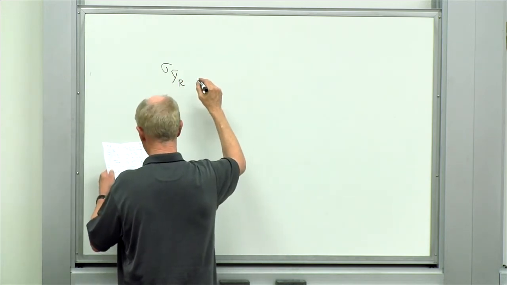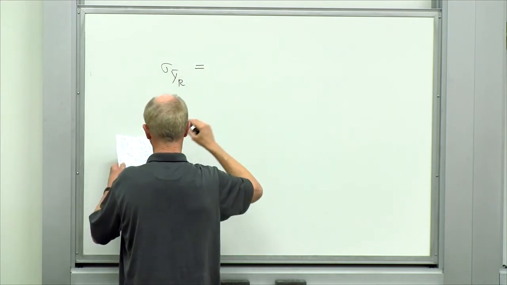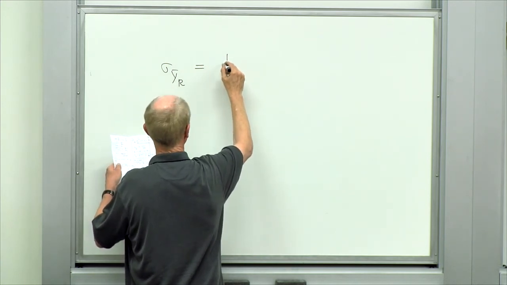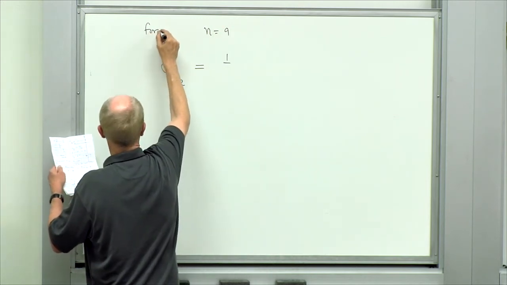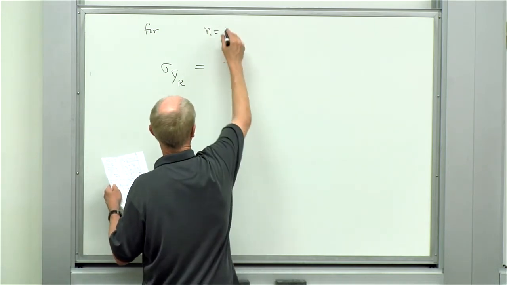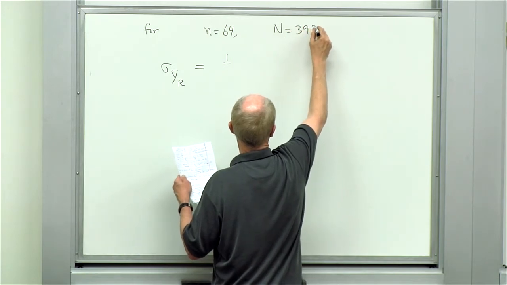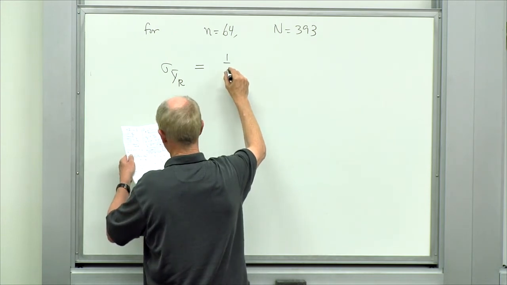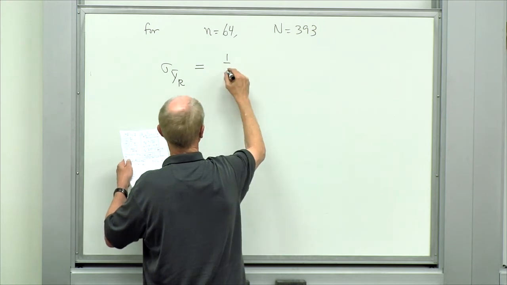Here sigma y bar r can actually be, it's 1 for n equal to 9. I'm sorry, n equal to 64. So if we take a sample of size 64, remember that the population size here for this example is 393. Sigma y bar r, or the variance of y bar r, is 1 over square root of n.